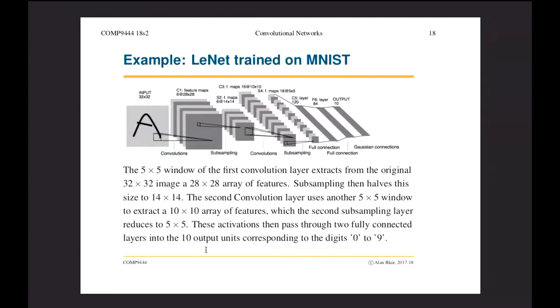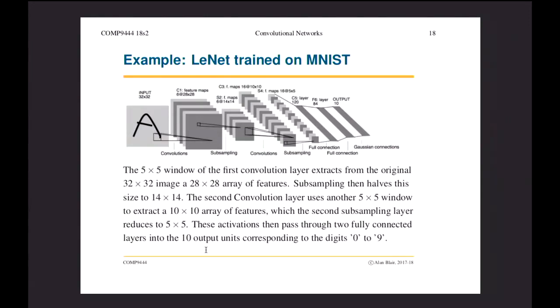Let's think for a minute about what this subsampling does. The size of these arrays is shrinking as you go to deeper layers, right? We started out with 28 by 28, then we went to 14, and then 10, and then 5.